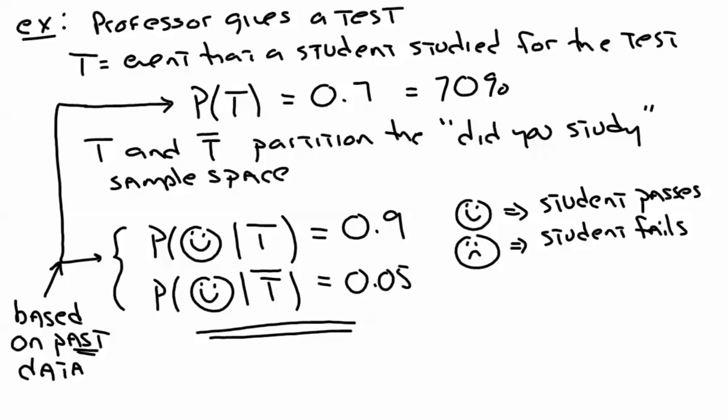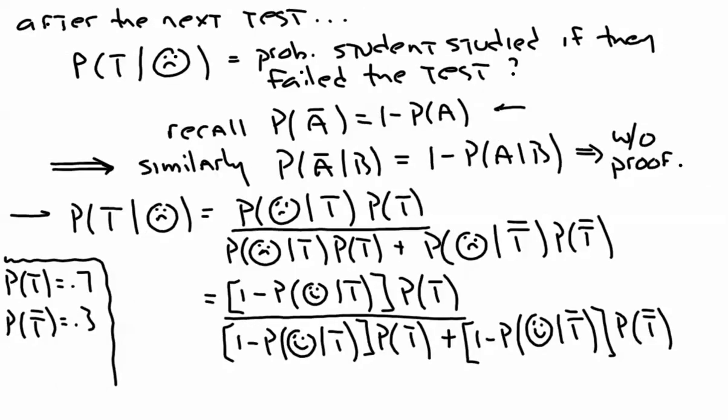The probability that a student passes the test given that they study, and the probability a student passes the test given that they do not study. Plug all of that into this relationship on the bottom of the page and do the calculations, and we get 0.197. That's about 20%.